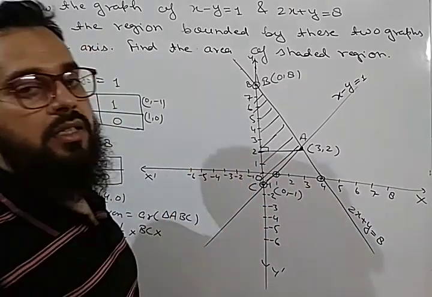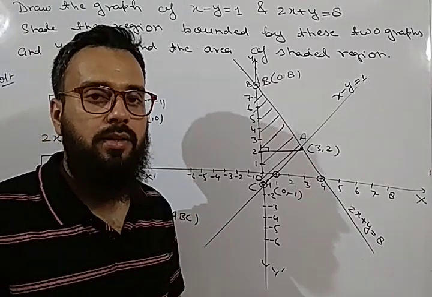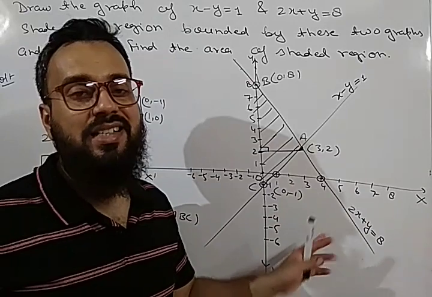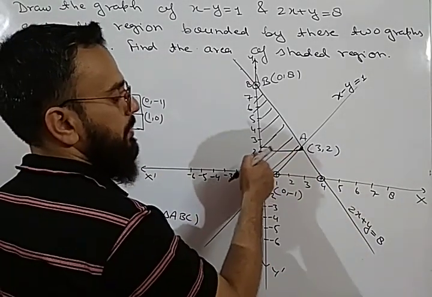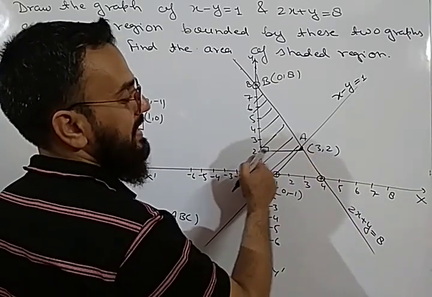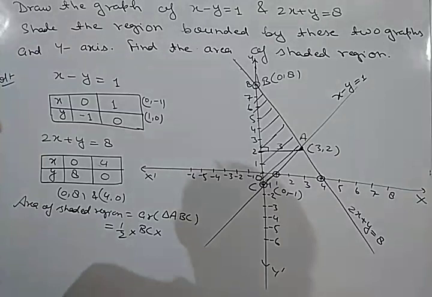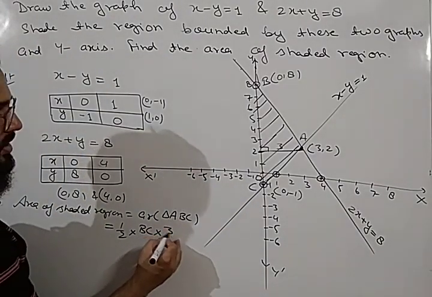We have already discussed in coordinate geometry that the distance of a point from the y-axis is the x coordinate, and the distance of a point from the x-axis is the y coordinate. So for point A, the perpendicular distance from the y-axis is the x coordinate, which means this distance is 3.